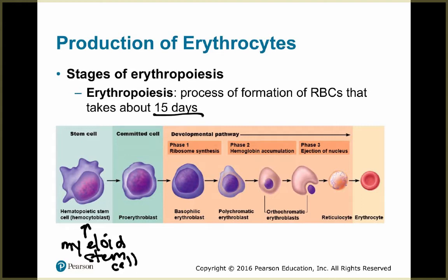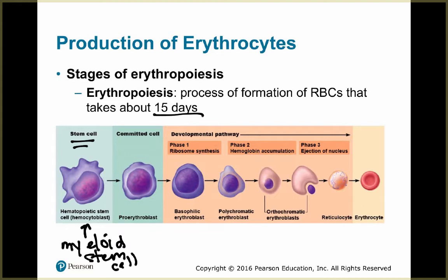We're going to talk a little bit about hormonal control once we get through this process. There's a hormone that helps to stimulate this process called erythropoietin, EPO. But essentially all blood cells start from this stem cell here.